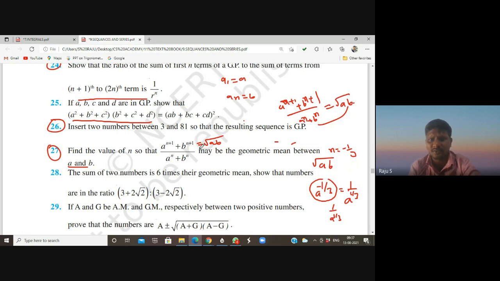Just see, squaring on both sides, cross multiply, the same way you did in AP. Sometimes we may get n equal to 1 directly.